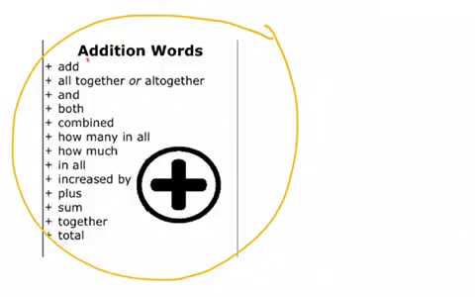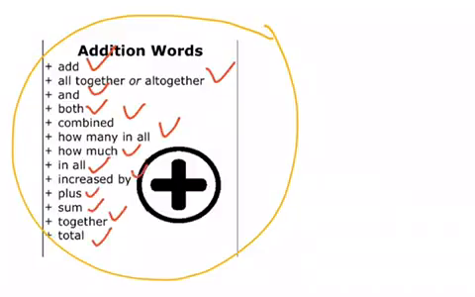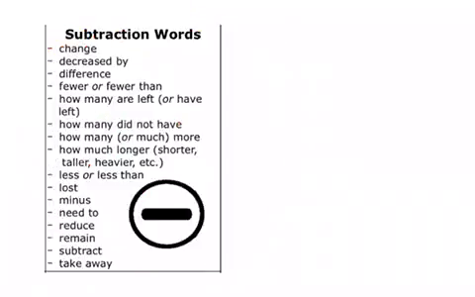Of course: add, all together, both, combined, how many in all, how much in all, increased by, plus, sum, together, and total. So you keep this handy, and it will help you to mark the keywords as part of the STAR method. When you're searching, you're going to search for these words on this other handout that you were given.